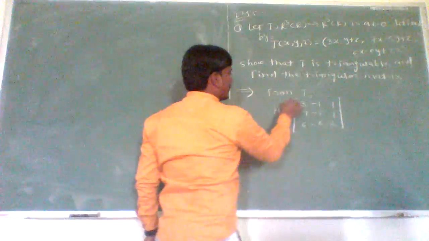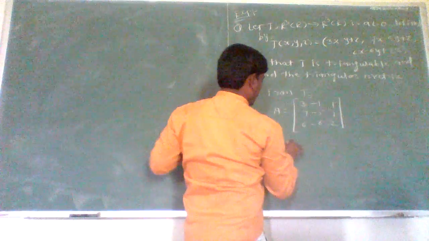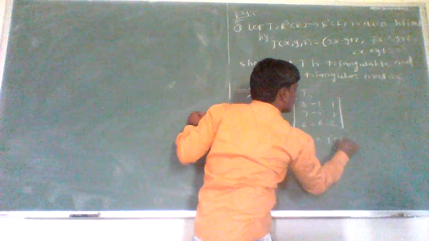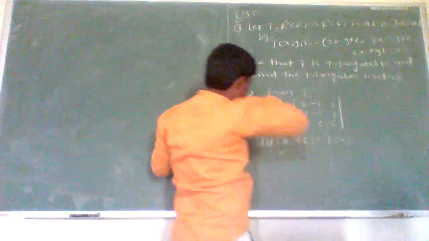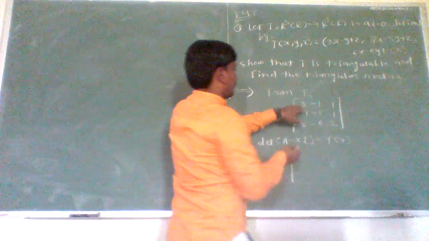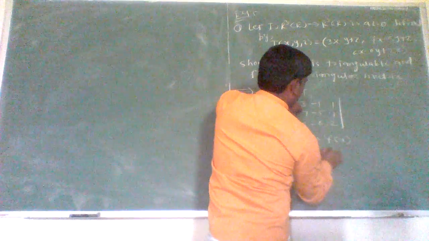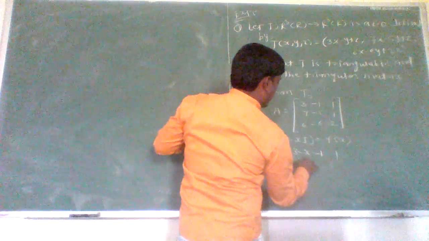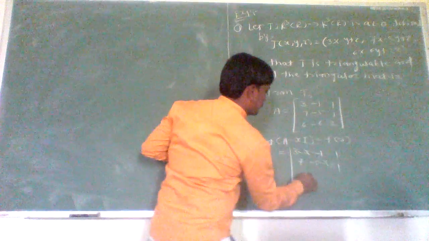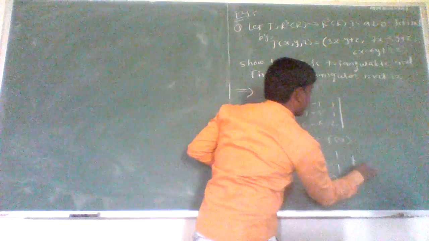So the characteristic polynomial of this operator is given by the determinant of A minus xI, which is f of x. The determinant of A minus xI is the determinant of [3 minus x, -1, 1; 7, -5 minus x, 1; 6, -6, 2 minus x].